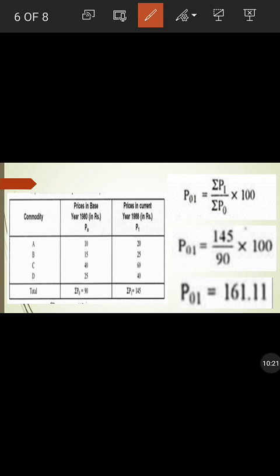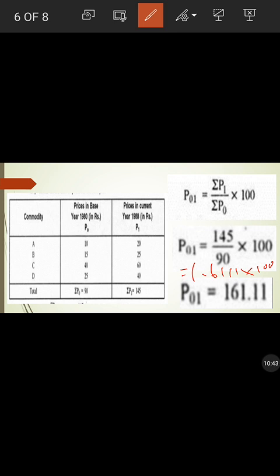That is equal to 1.6111 into 100. If you multiply it by 100, the answer is P01 is equal to 161.11. So what is the conclusion that we have to give?